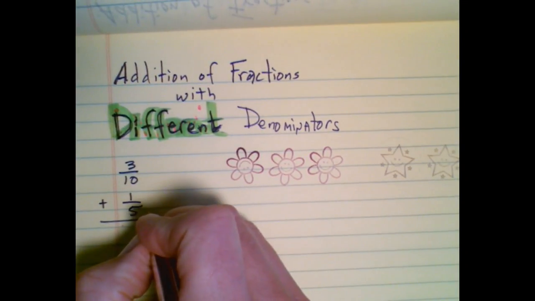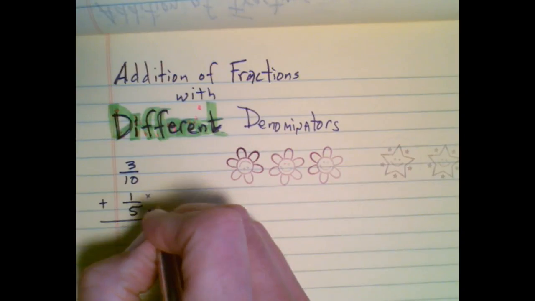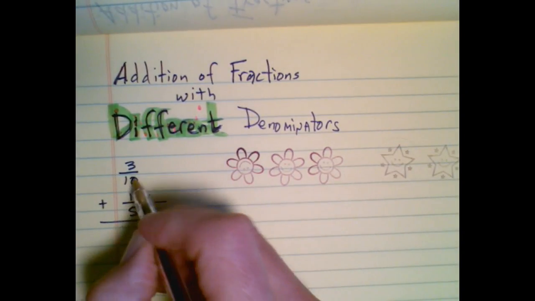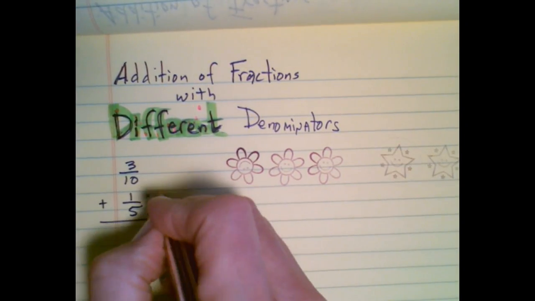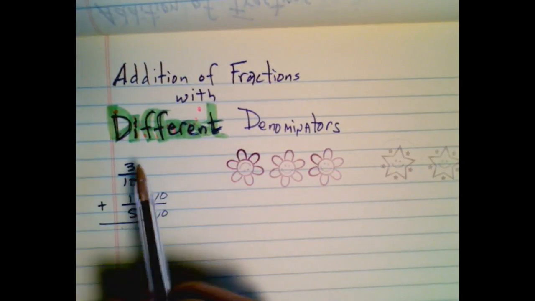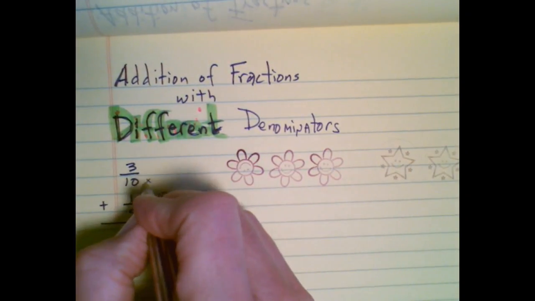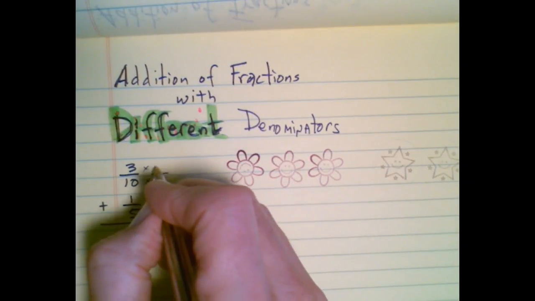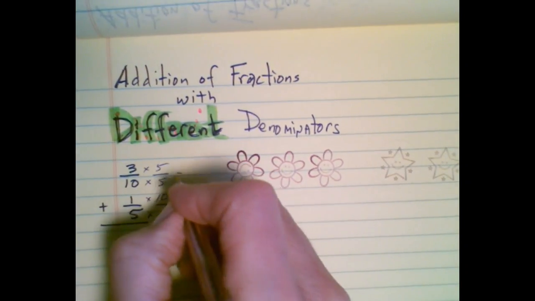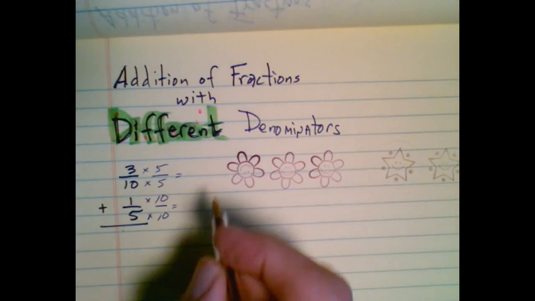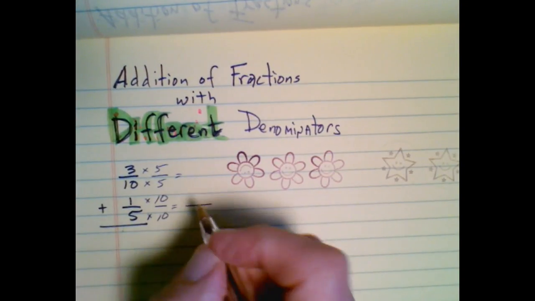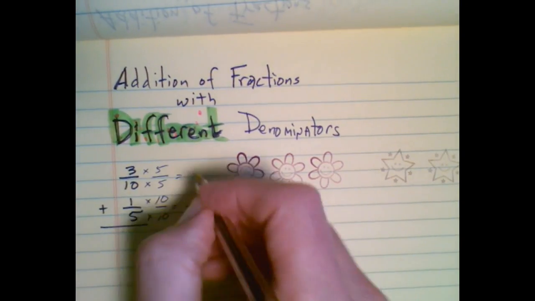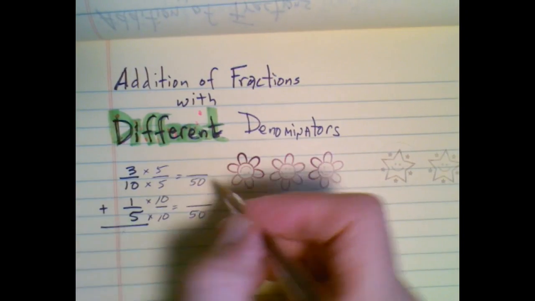That means I'm going to multiply this fraction, top and bottom, by the other fraction's denominator, 10 and 10. Likewise, I'll multiply this fraction, top and bottom, by the other fraction's denominator, 5 and 5. When I do that, now I just multiply across, and I get 50 on the bottom of each of them, and now I have a like denominator.